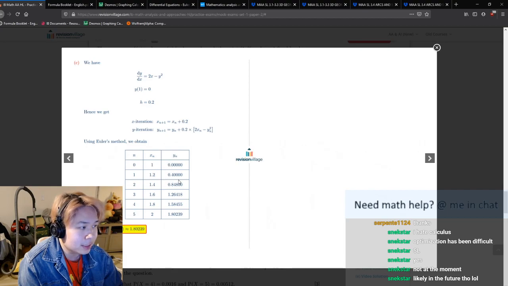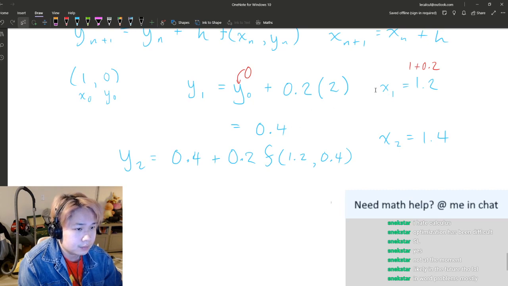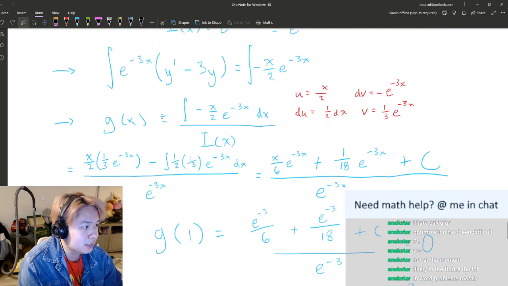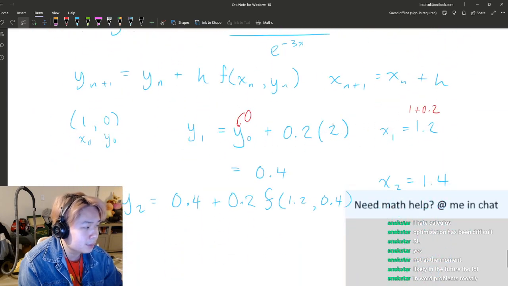So basically you run through it, right? So word problems, understanding the word problem. Okay, so we add 0.2 for the x's each time, and then to calculate y, we take the former y, and then we add 0.2 times the value of the derivative when you plug in the former x and y values.